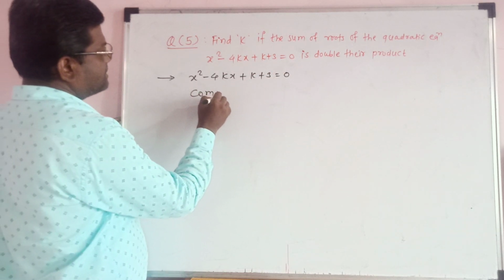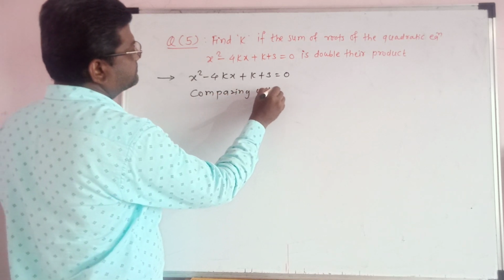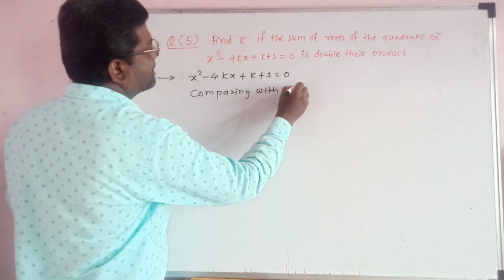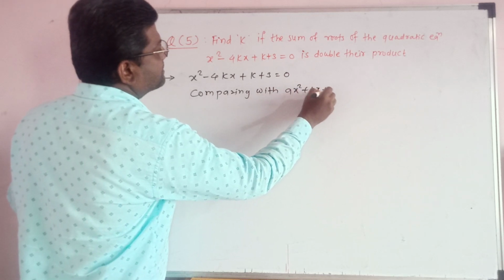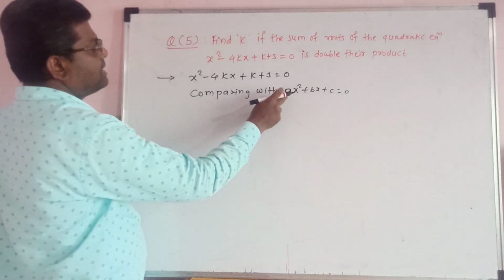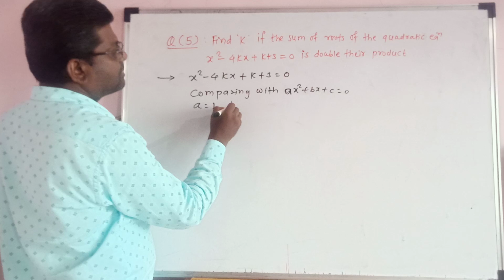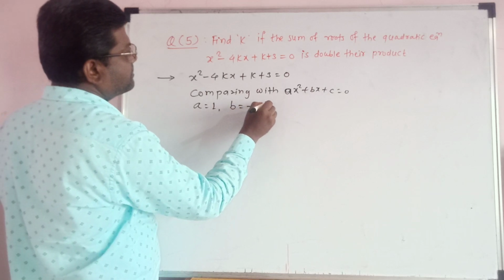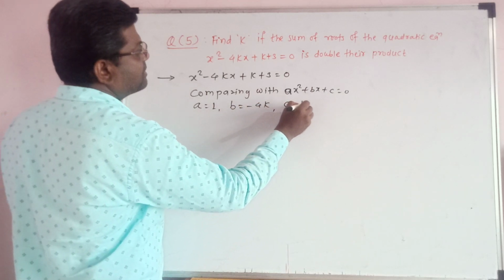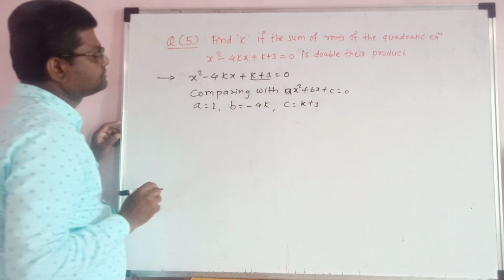Comparing with ax square plus bx plus c is equal to 0, a is equal to 1, b is equal to minus 4k and c is equal to k plus 3.